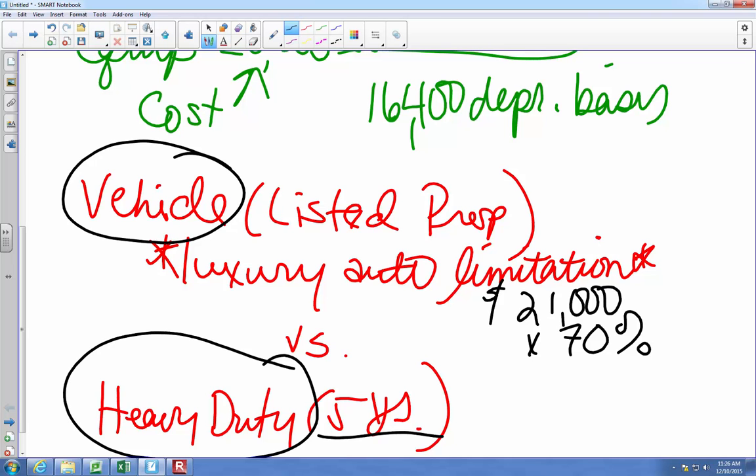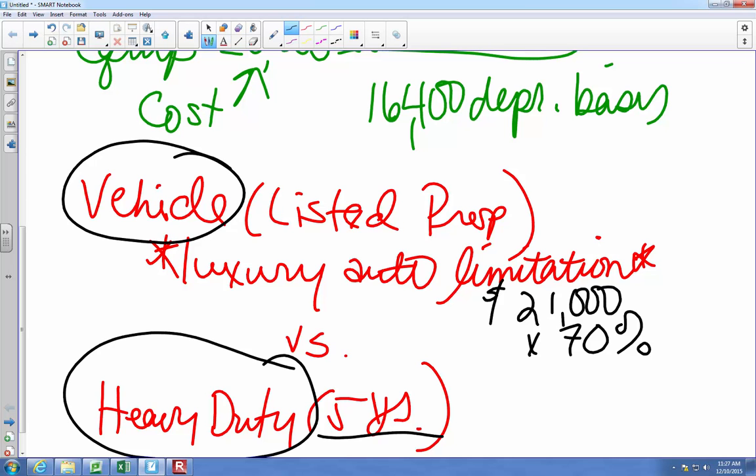It's a passenger vehicle. No, it's not 7-8. That's not what page we're on. We're on 7-17. It is. It's a passenger vehicle that I use 70% for business. And my question is, what's my depreciation in the first year?